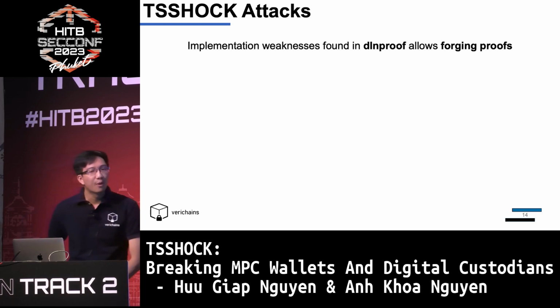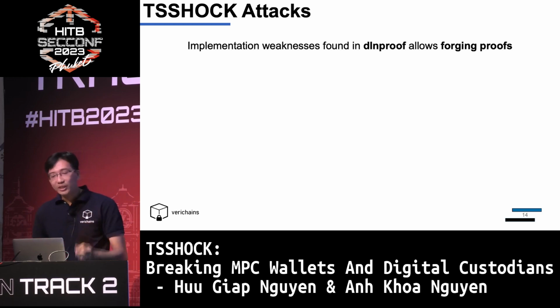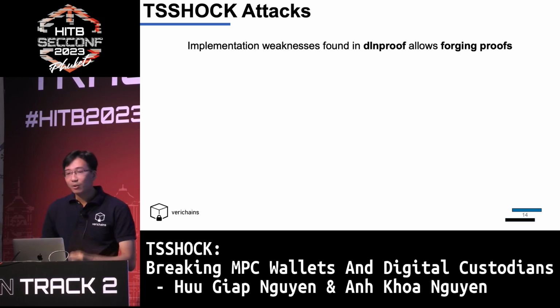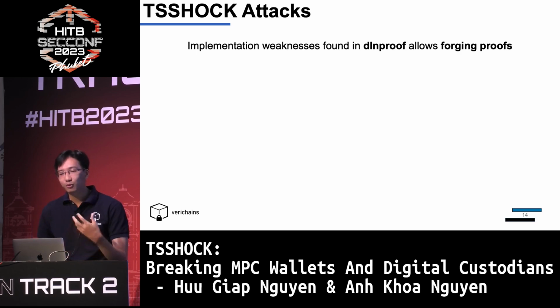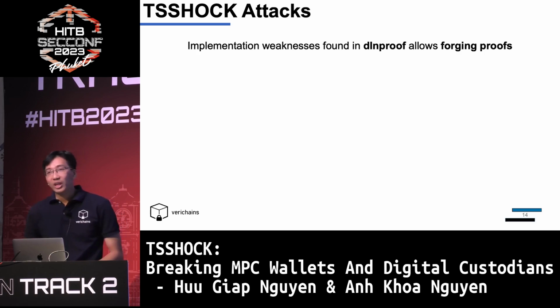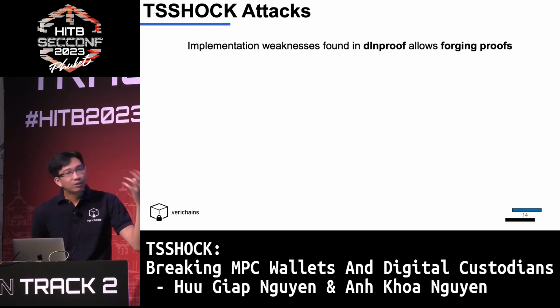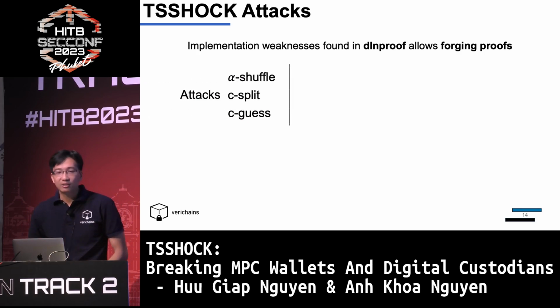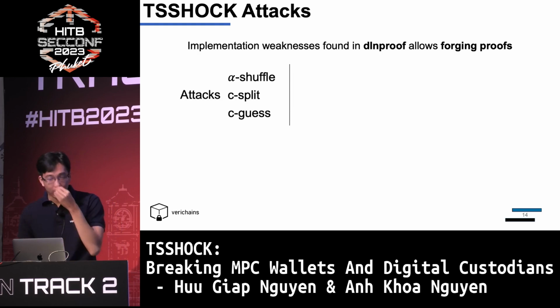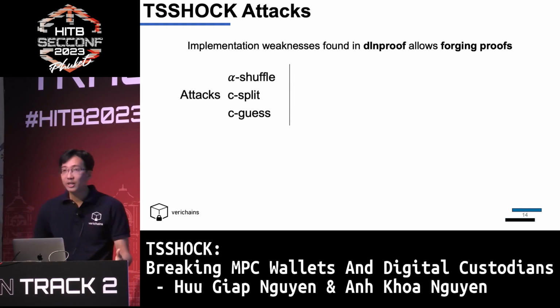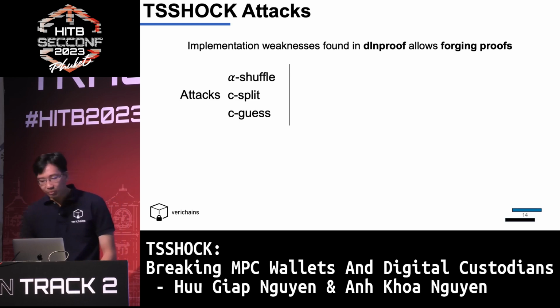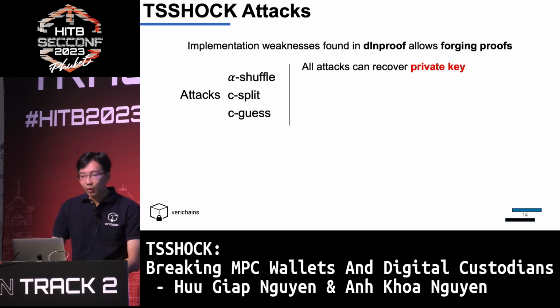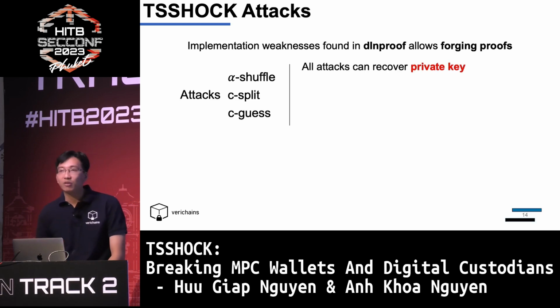We found implementation weaknesses in the DLN proof that allow us to forge proofs. For these weaknesses, we found 3 attacks. The attacks are alpha-shuffle, c-split, and c-guess. And all of the attacks can recover the private key.